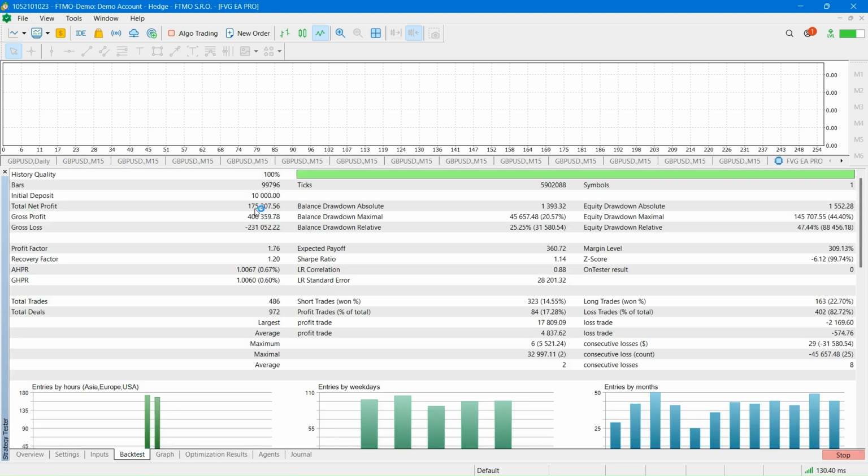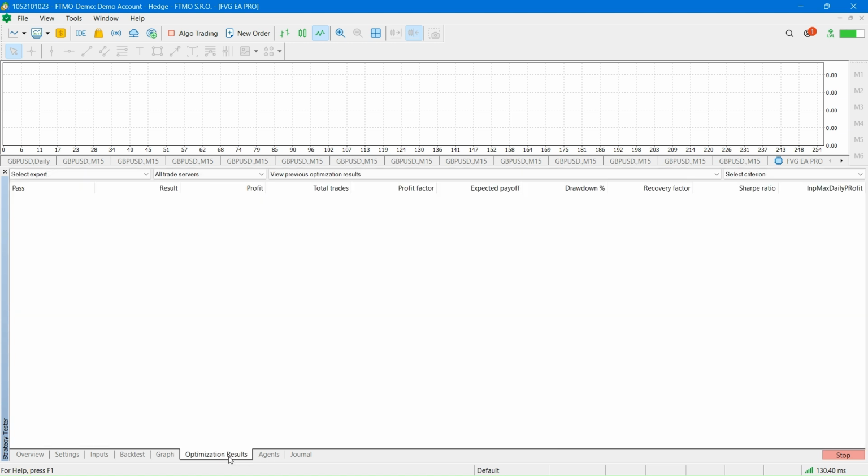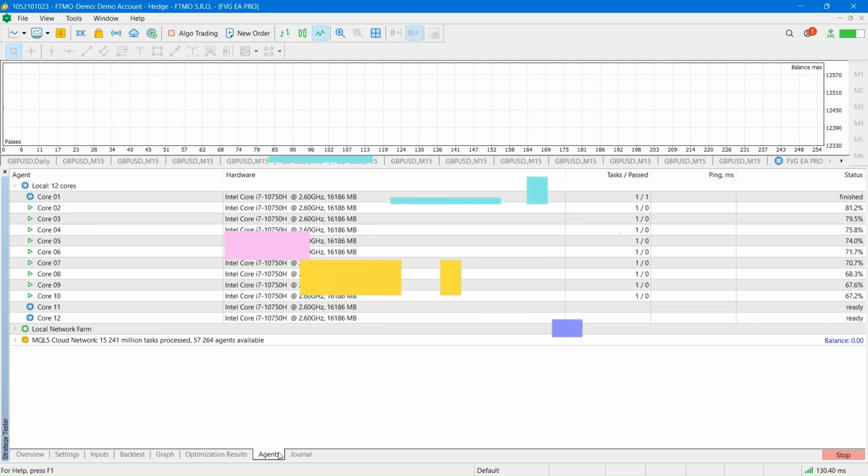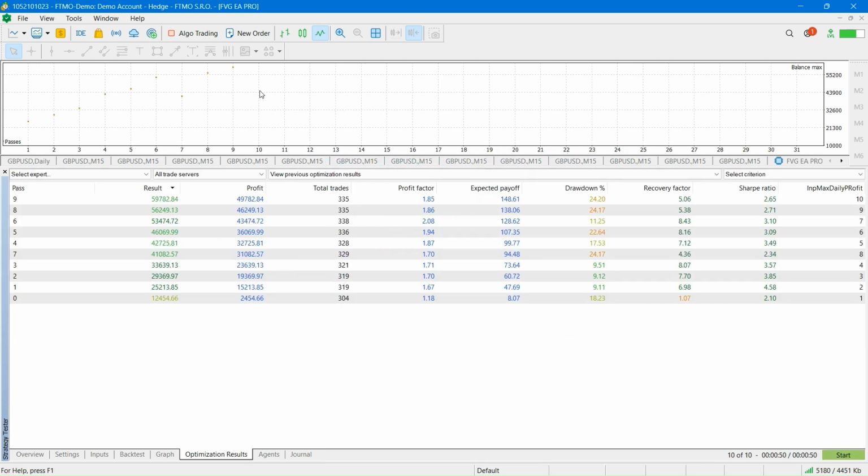So what I have is 175k, and I have a profit factor of 176. I have a big drawdown, frankly speaking, 44 from the account equity maximal drawdown. Let's go back to the optimization results and see what is going to happen. All right.